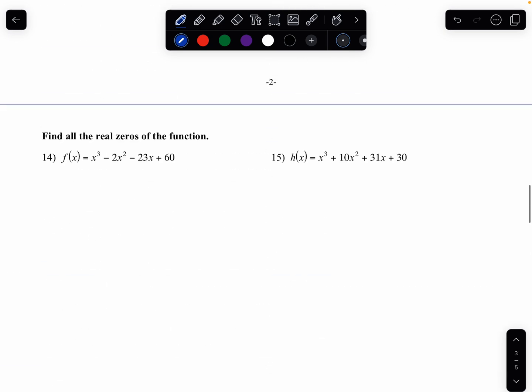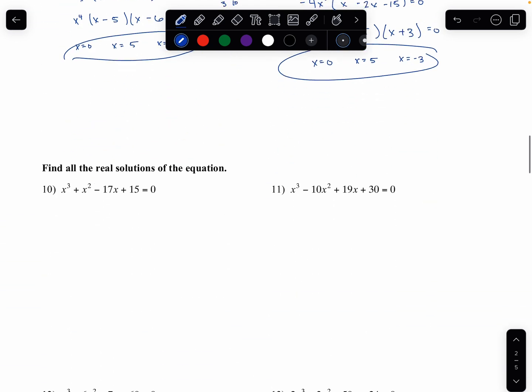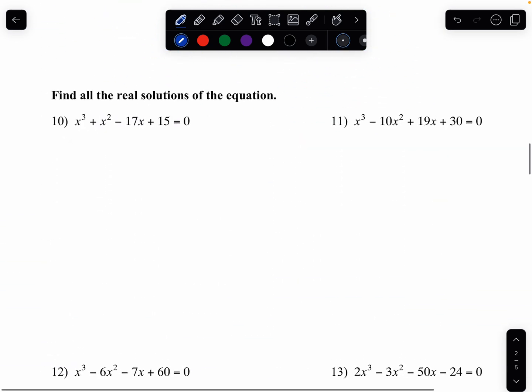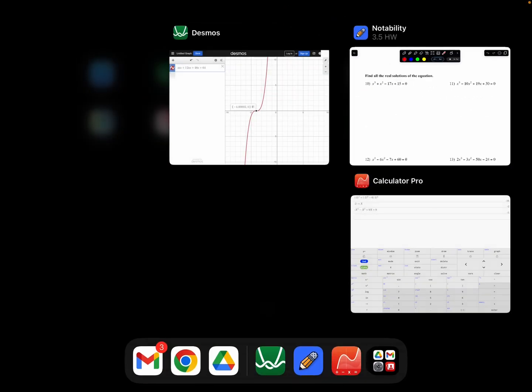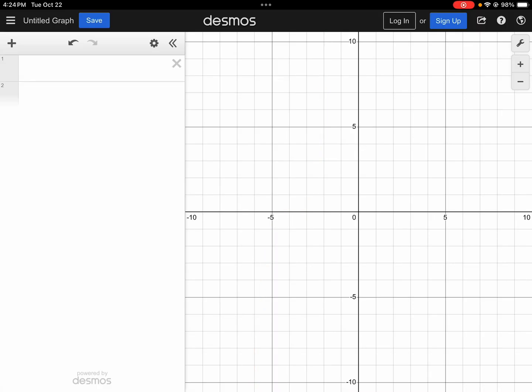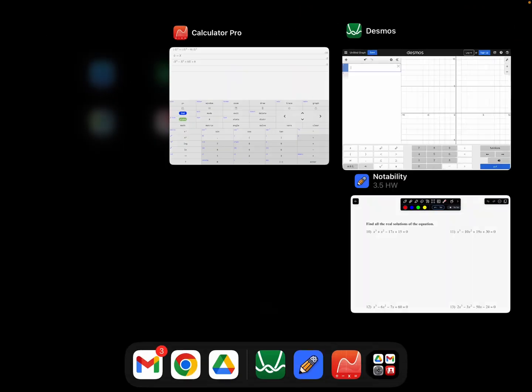Oh my, there's a lot of factoring here. Okay. For 10, find all the real solutions of the equations. So this is not going to be factorable through grouping. So I'm going to throw this into Desmos and find a 0. It's kind of cheating, but what the heck.